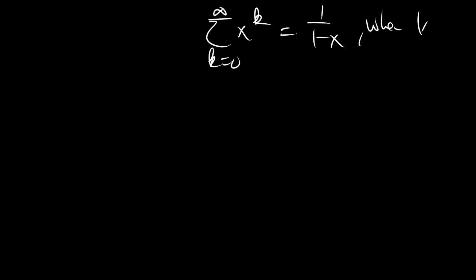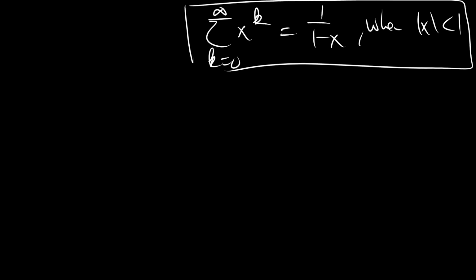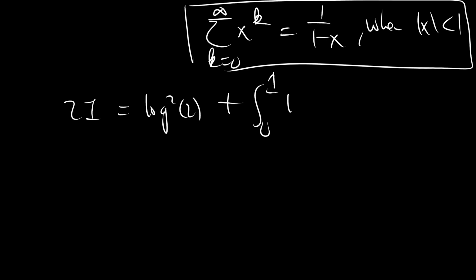Now we know that the sum of x to the k from k equals 0 to infinity equals 1 over (1 minus x) when the absolute value of x is less than 1, and this holds in the domain of interest. So 2I equals log squared 2 plus the integral from 0 to 1 of natural logarithm of x times the summation from k equals 0 to infinity of x to the k.